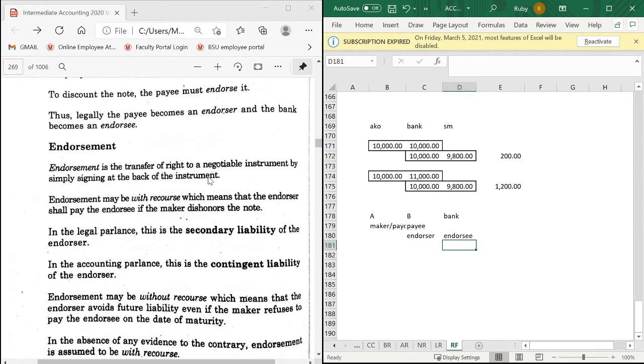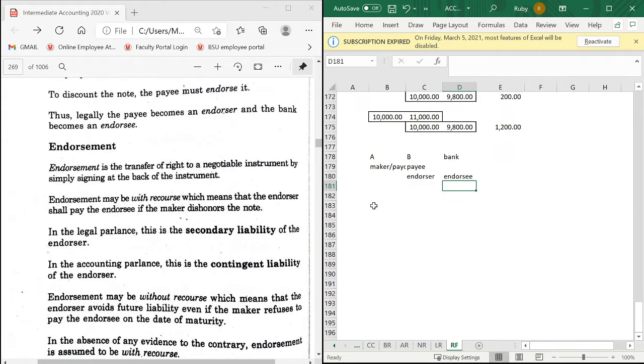Endorsement is the transfer of the right to a negotiable instrument by simply signing at the back of the instrument. So, may nakalagay dyan na, I promise to pay B or order the amount of 10,000 pesos. Tapos, signed A. So, si A, binigay niya kay B itong document na ito.